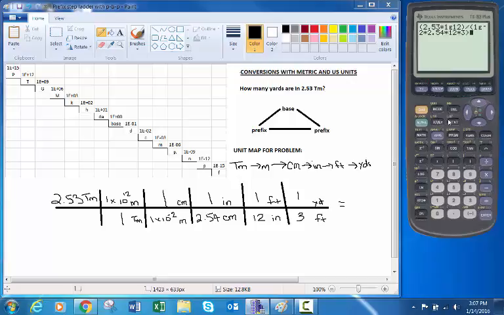A good rule of thumb is to double check what you've typed into your calculator versus what you have on paper. On the top I have 2.53 times 1 times 10 to the 12, and that's correct. And I'm dividing that by 1 times 10 to the negative 2 times 2.54 times 12 times 3. Everything that's on my paper has been plugged into my calculator and is correct.